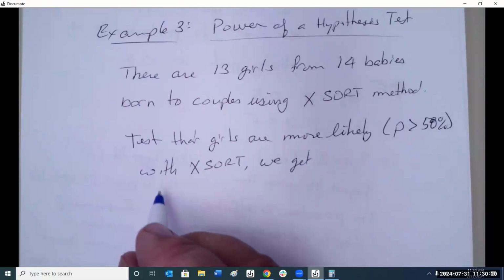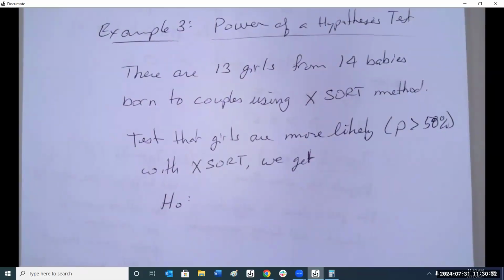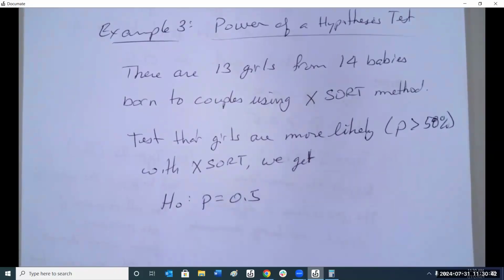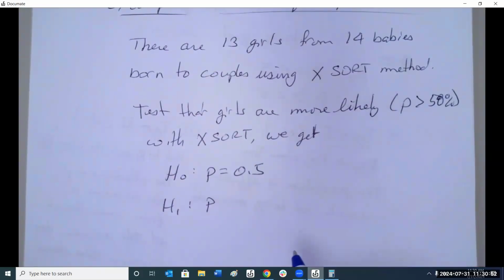The null hypothesis is what? The null hypothesis is what currently stands. What is the current chance of a baby being born a girl? 50%. So P equals 0.50. Now, the alternate hypothesis says what is being claimed. They're saying that they could increase the number of girls.